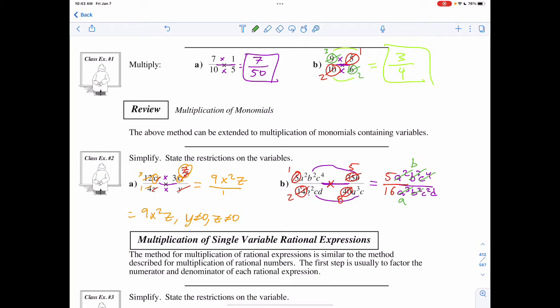I'm going to take away 2 c's from here and here to be left with 2 c's up here, and there is no common d's, which means that I'm going to have 5bc squared over 16ad. And because every variable exists in the denominator, this is true so long as a is not 0, b is not 0, c is not 0, and d is not 0.